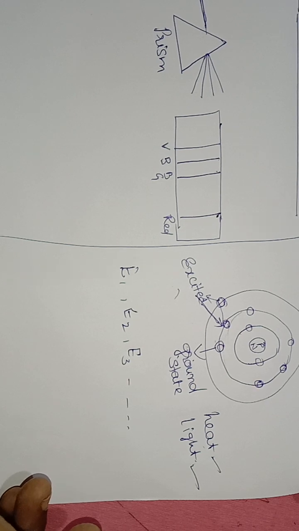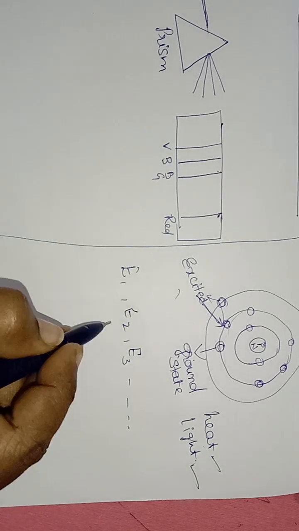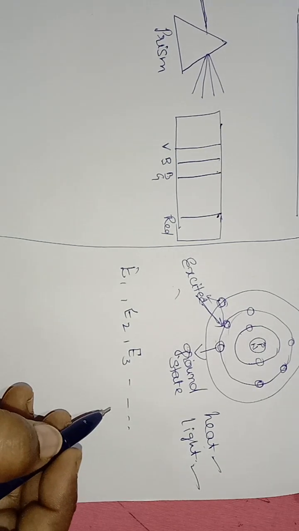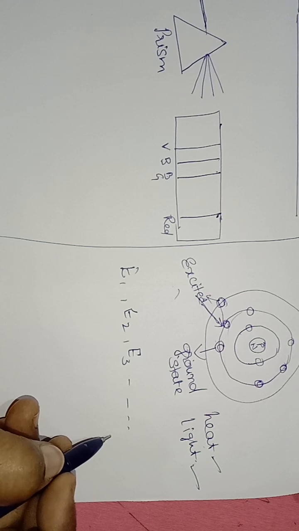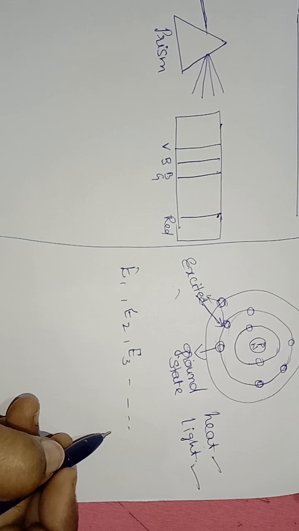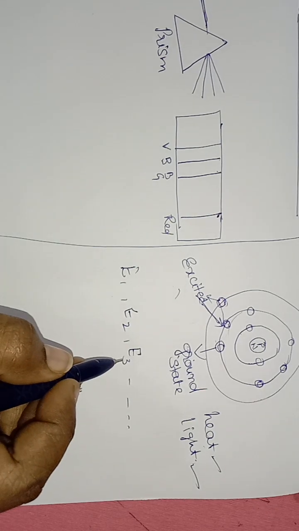Next, energies of an electron in an atom can have certain values like E1, E2, E3. In this way, energies are quantized. The states corresponding to these energies are called stationary states, and the possible values are given like this.